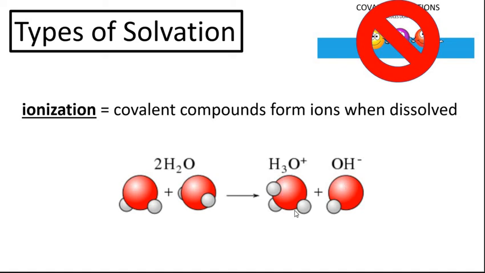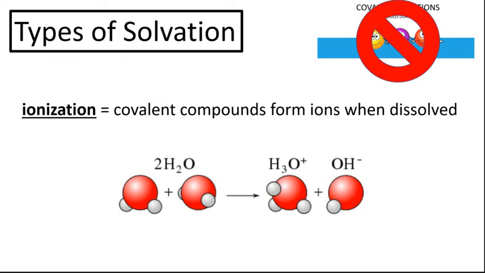Most of water does not turn into these things, but if you could look at all of the atoms of the water, there would be these ions, even though you started with a covalent substance. In fact, two covalent substances. So it doesn't happen very often, but it does happen. Ionization is when covalent compounds become ions.